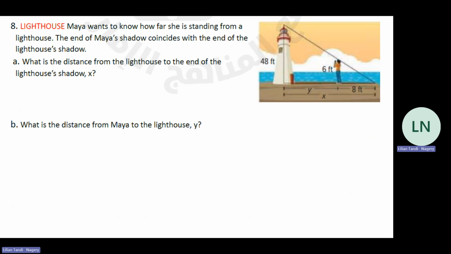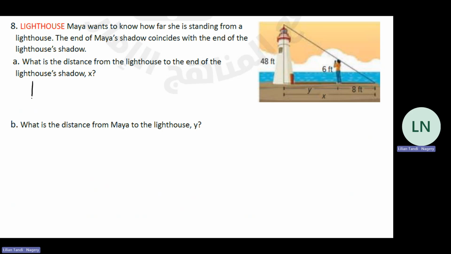Maya wants to know how far she's standing from the lighthouse. The end of Maya's shadow coincides with the end of the lighthouse shadow. What's the distance from the lighthouse to the end of the lighthouse shadow x? So I have two triangles.